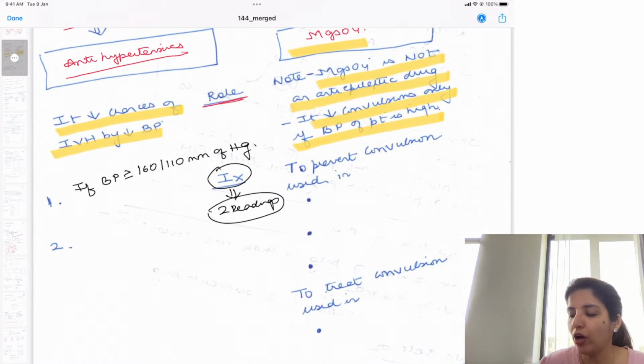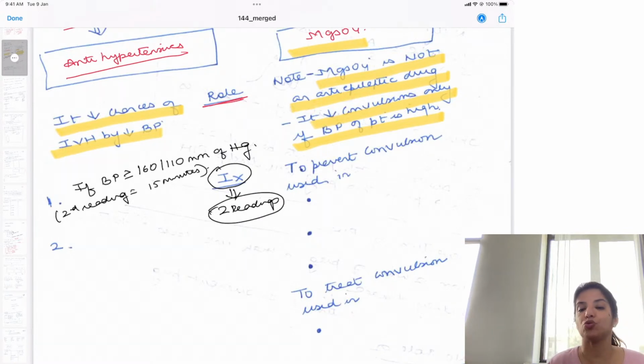For antihypertensives, you need two readings. If BP is 160 by 110, then the second reading will be taken after 15 minutes. After 15 minutes, you are going to take a second reading, and if BP comes high again, then I'm going to start antihypertensive. That is one indication for starting antihypertensive.